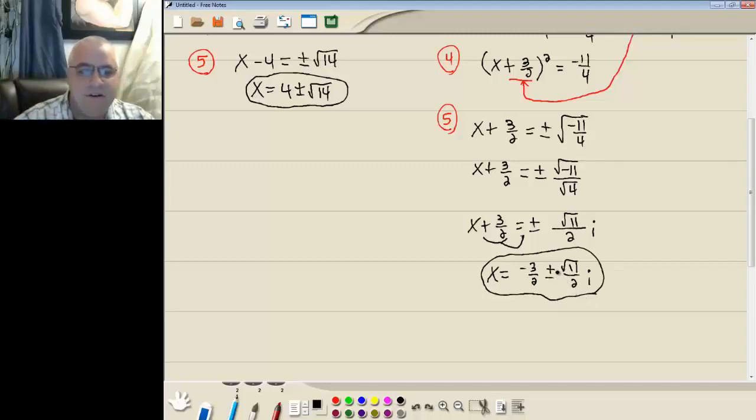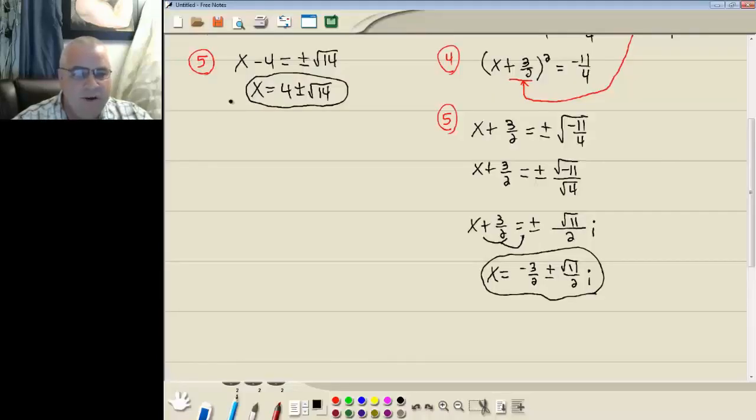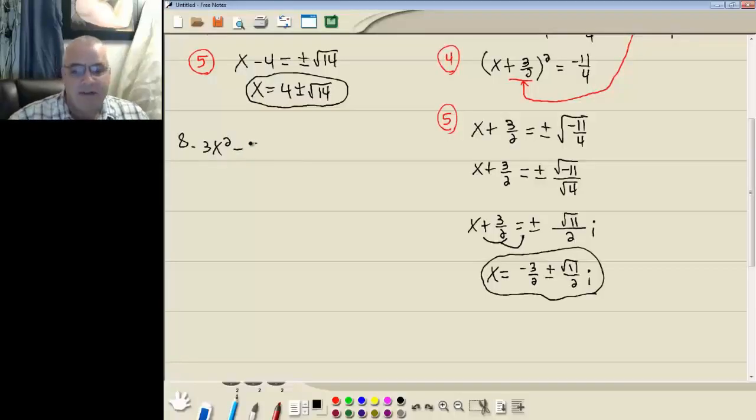Okay, well, let's look at our hardest type now. This one here. We got 3x squared minus 5x plus 1 equals 0. Okay, step 1. Divide everything by the number in front of your x squared.